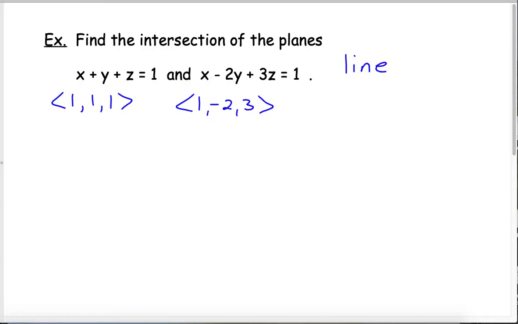Now, what do we need to get the equation of a line? Think back, a line in 3 space. We need 2 things. We need a point, and we need a direction vector. So, how are we going to figure that out? Well, let's start with the direction vector. Now, we have 2 planes that intersect.